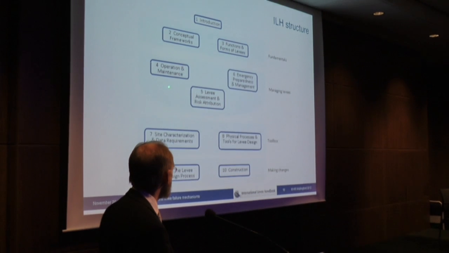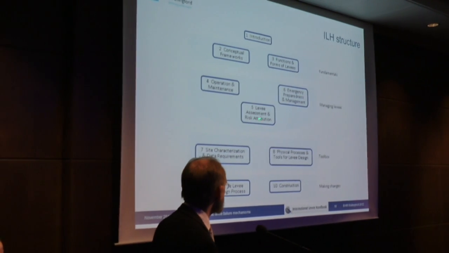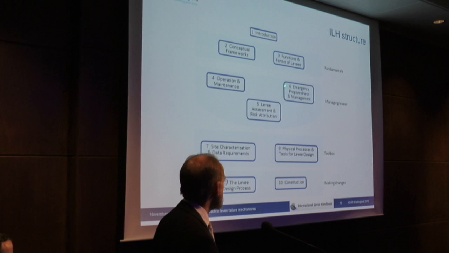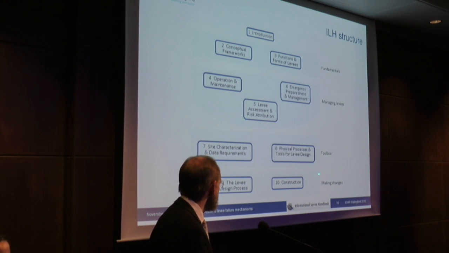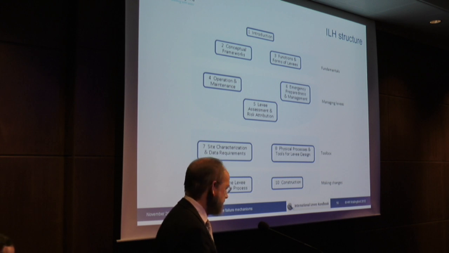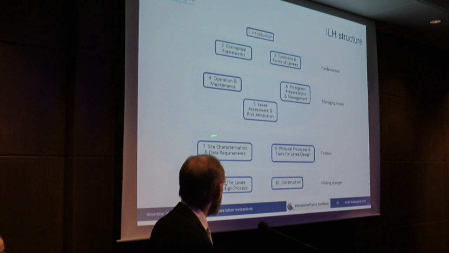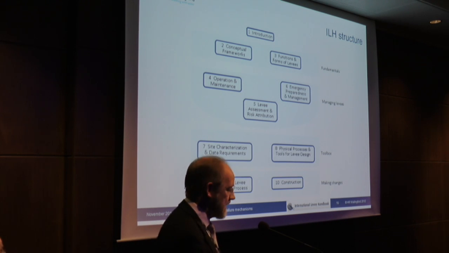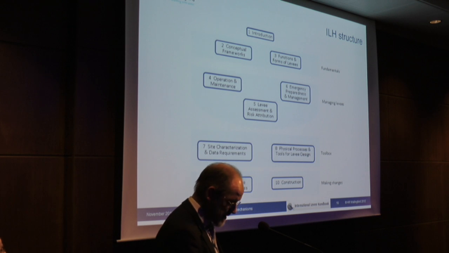One for levee managers, which deals with operations and maintenance, levee assessment and risk attribution and emergency preparedness, and the other group for designers and constructors who are actually designing things. And then we have a toolbox which enables us to define boundary conditions and then actually do the analysis of the levees themselves.